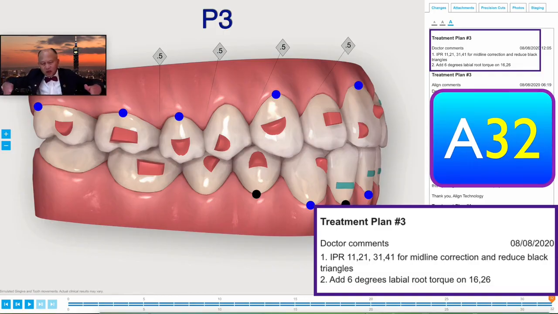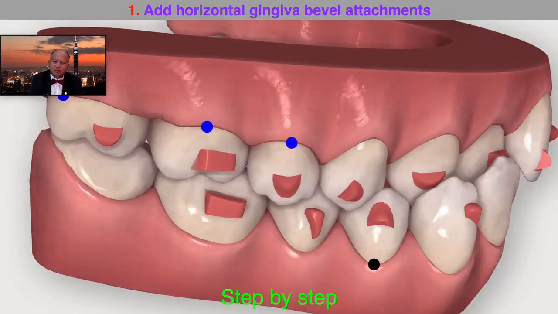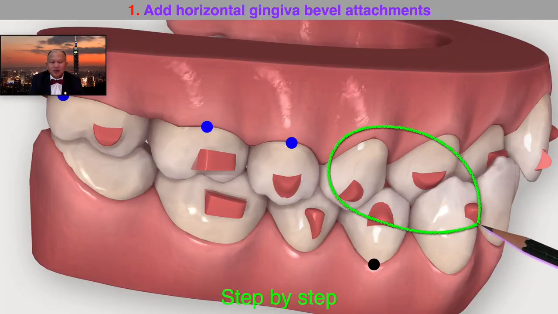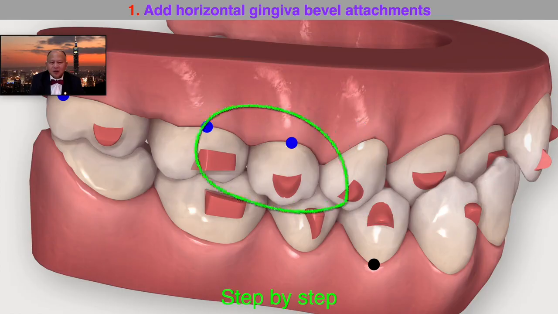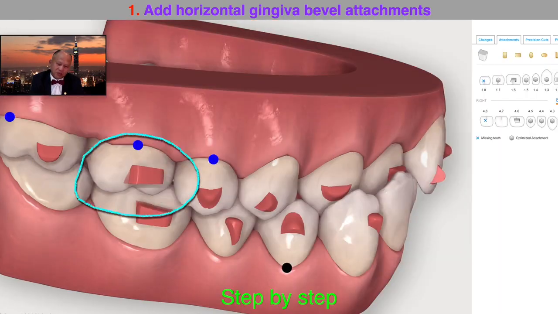Because when aligners expand the arch, most likely they are tipping, not bodily expanding. So I will have overcorrection right here on the upper first molar, 6 degrees labial root torque. So right here, I add a horizontal gingival bevel attachment.